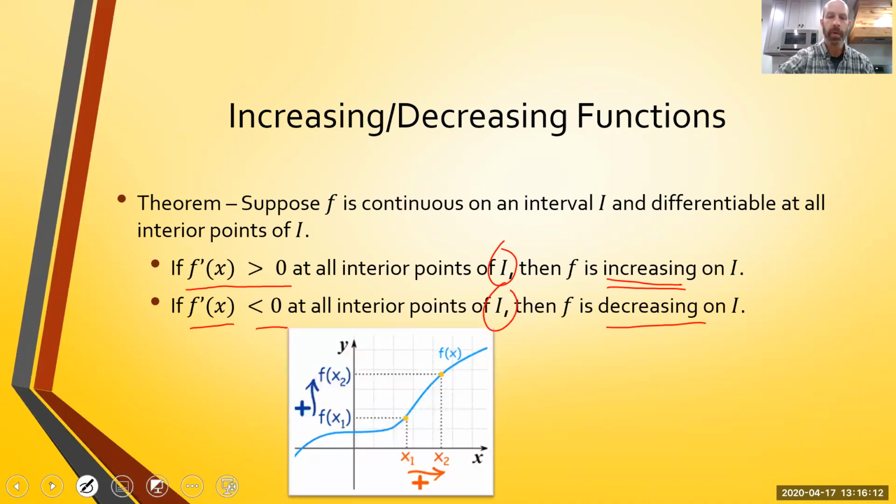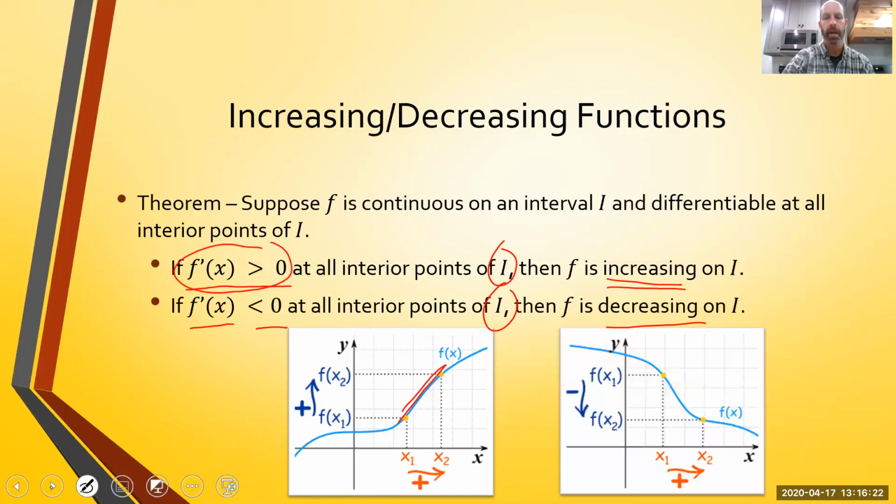For example, here, if you draw a tangent line, you can see that the slope of that tangent line is positive. That means f prime of x is greater than 0, therefore it's increasing there. Similarly, if we look right here, this tangent line, its slope is negative, therefore it is decreasing. So increasing and decreasing is defined by the sign of the first derivative.